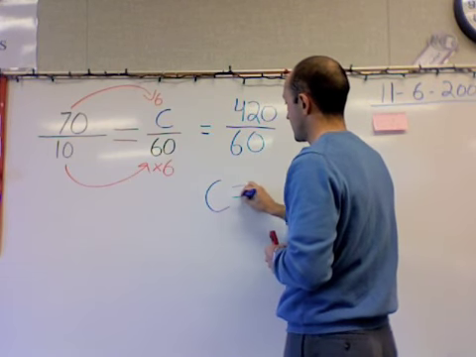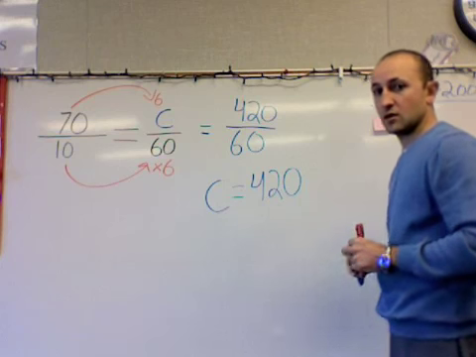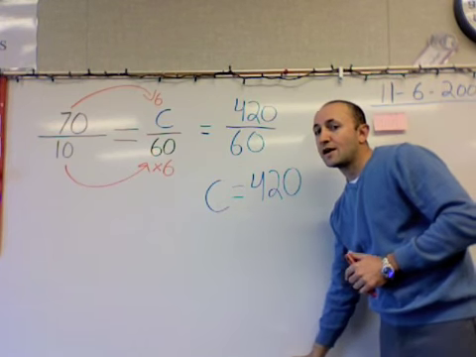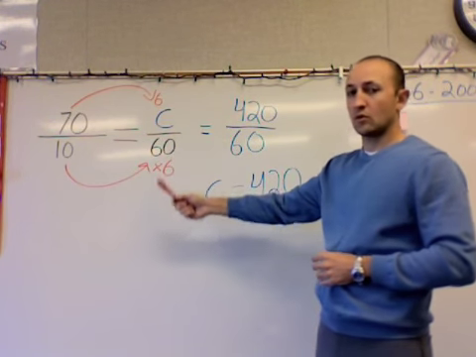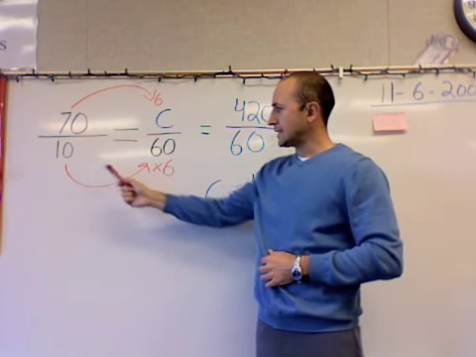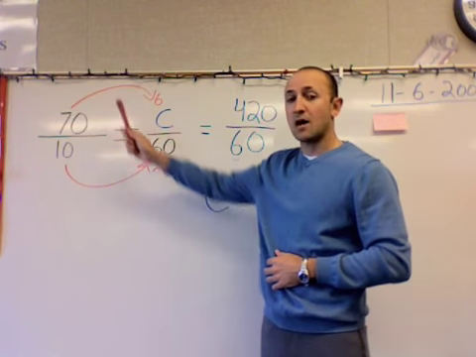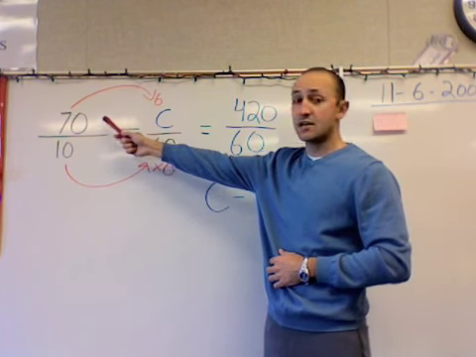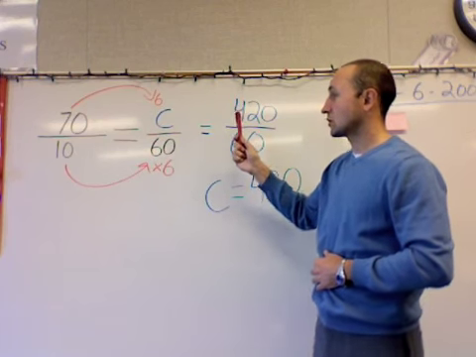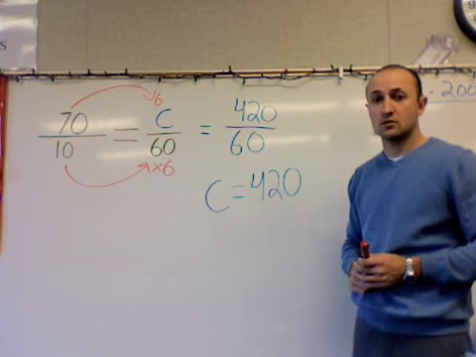And I'm going to go ahead and write it down just like that. So remember, in order to find or solve for this variable, we look at the bottom first where we're given two values, and I say 10 times what equals 60? It was 6. So that means I also want to multiply the top number by 6. 70 times 6 equals 420. So now I know that c is equal to 420.